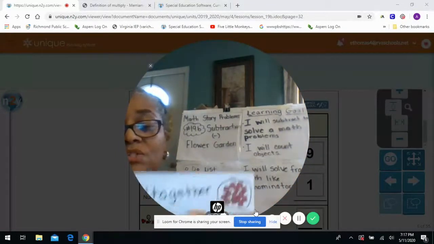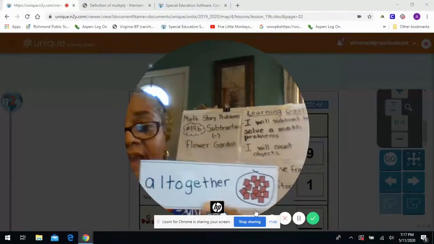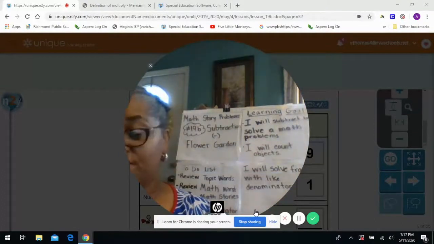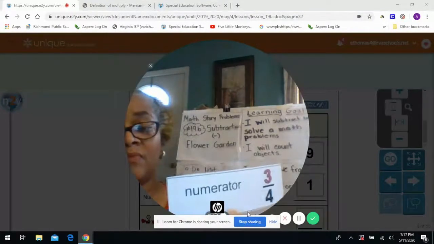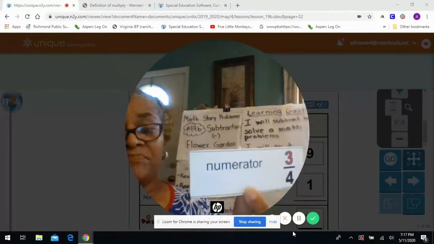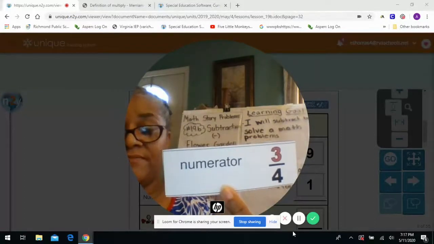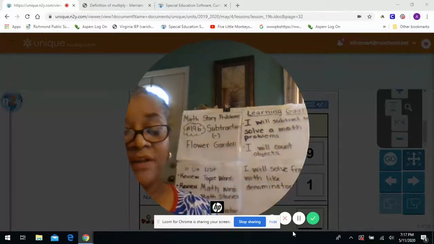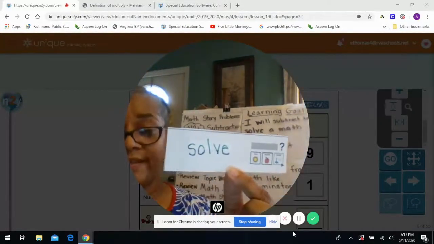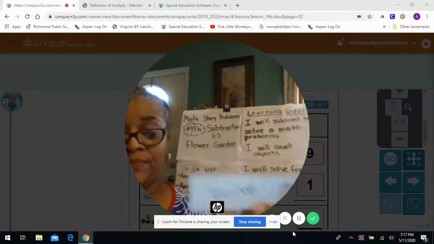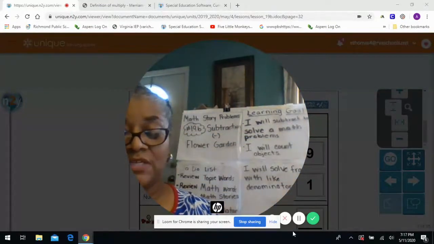All together means to add all together. We're talking about the numerator, the part of the fraction at the top of the line. Solve, get our equation or answer, that's right behind the equal sign.